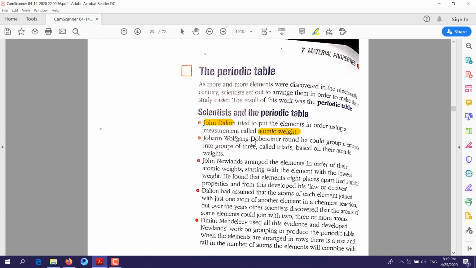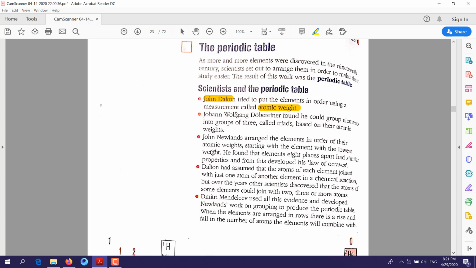Now we are using the periodic table to arrange elements depending on their atomic number. This scientist was using atomic weight, and other scientists followed him. Each one was trying to arrange these elements in a specific way until we got the version that we are using now.